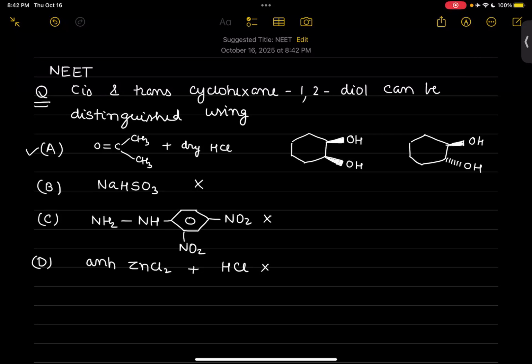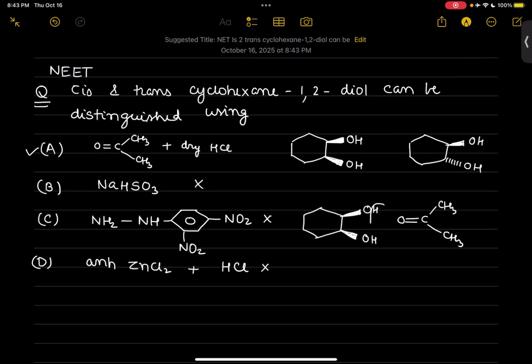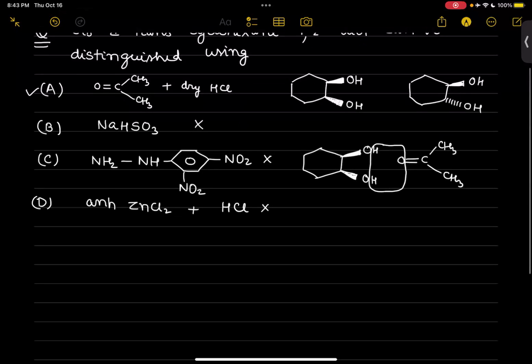Or what you can do is, we have seen what happens when two moles of alcohol react with a ketone or an aldehyde. Water gets removed.